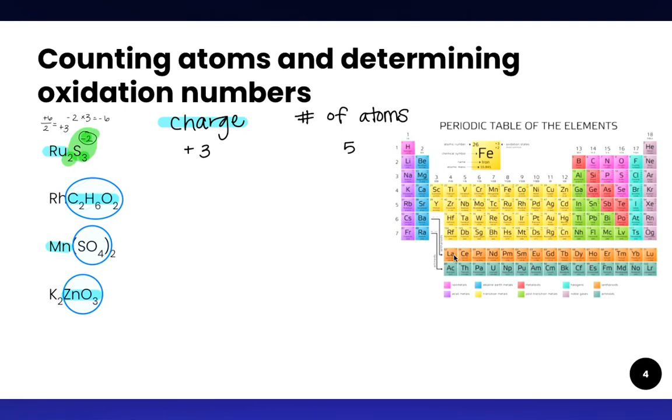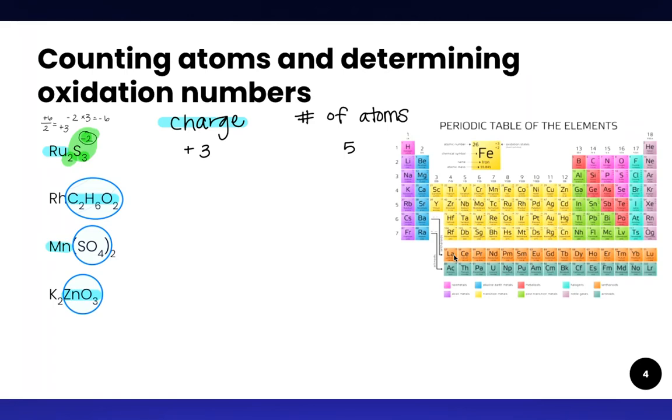Okay, the next one. Here's our polyatomic ion, and we want to know the charge on that guy. And you can actually use your periodic table to figure that out. Rhodium is a transition metal, so we don't know its oxidation number because we know that the transition metals can play some tricks sometimes.